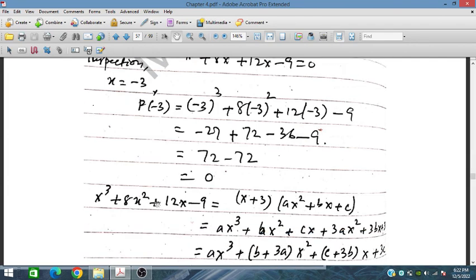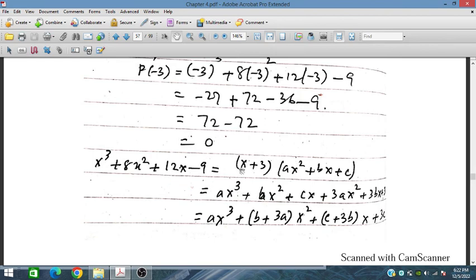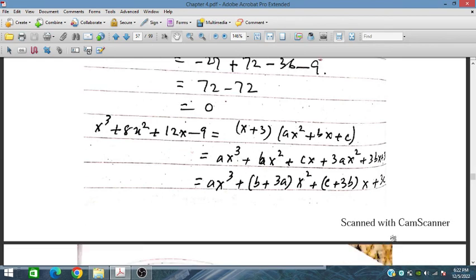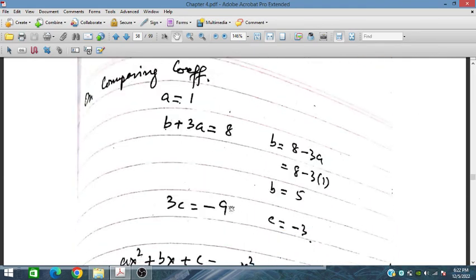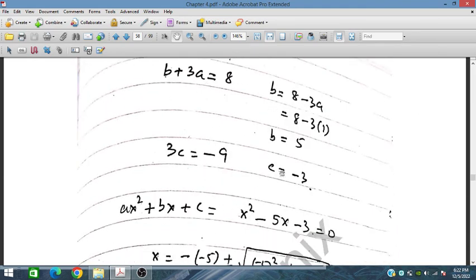So this becomes this, and now we can multiply it and then compare coefficients to obtain the values of a, b, c, and by placing we have obtained a, b and c. And this ax square plus bx plus c becomes x square minus 5x minus 3.